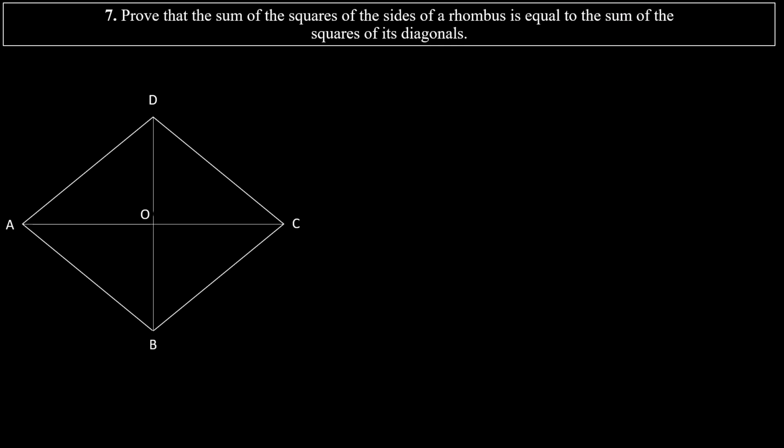Now, we know that the diagonals of a rhombus are perpendicular bisectors of each other.